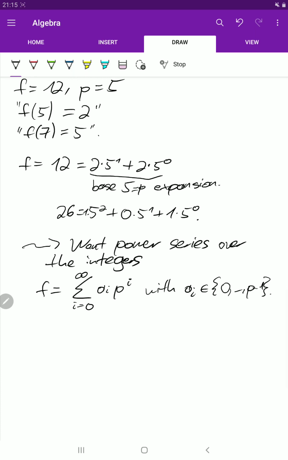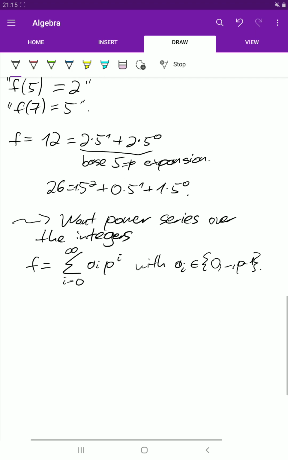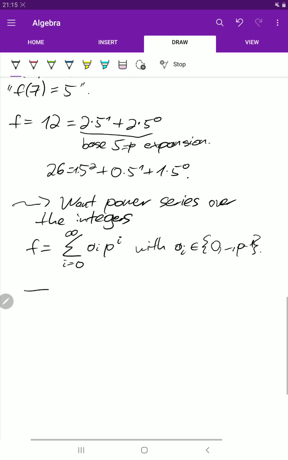And now let's look closer. So over the complex numbers, if we use a usual power series, let's make an example. Maybe I call it g for now.